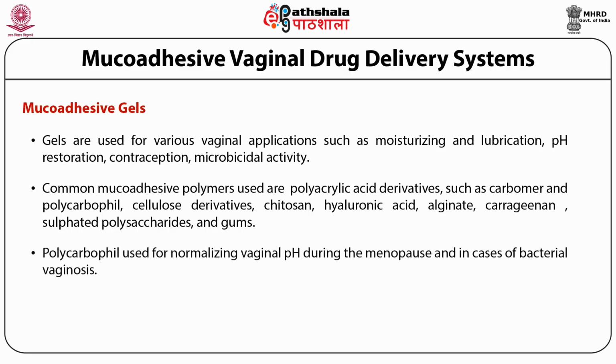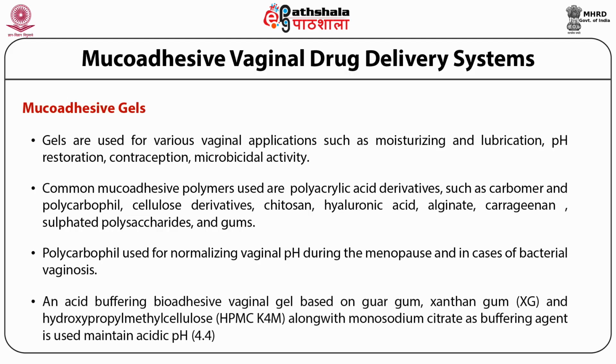Polycarbophil is used for normalizing vaginal pH during the menopause and in case of bacterial vaginosis. An acid buffering bioadhesive vaginal gel based on guar gum, xanthan gum, and hydroxypropyl methyl cellulose along with monosodium citrate as buffering agent is usually used to maintain an acidic pH of 4.4.